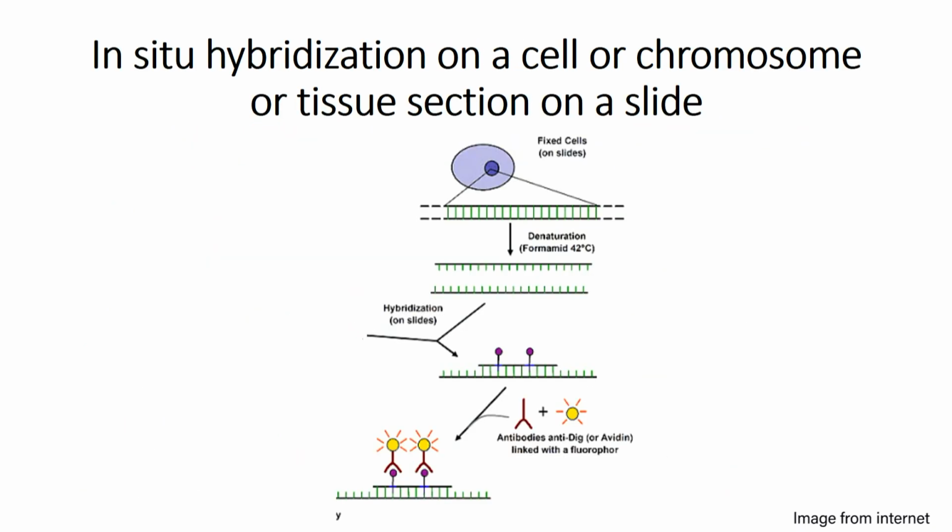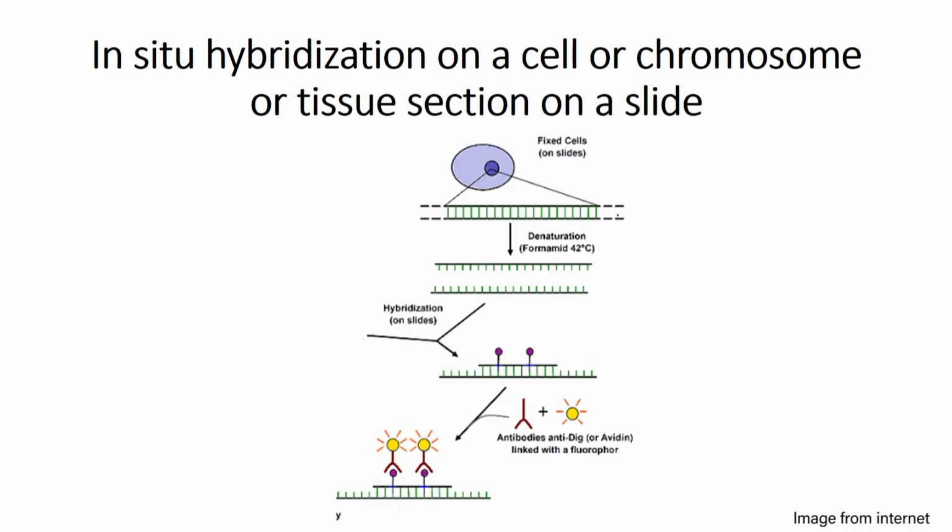Now, we have to do hybridization. Where has hybridization to be done? This has to be done on a cell. On a cell means in the DNA of a cell, or on chromosome, that is chromosomal DNA that is present within the cell, within the nucleus, or a tissue section on a slide, where again the moment we say in situ hybridization, the hybridization has to be done with RNA or DNA.